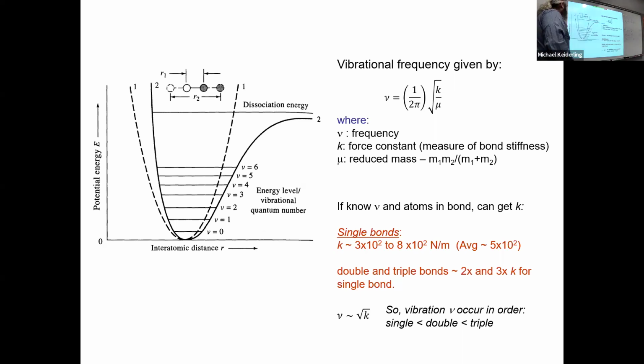So if you know the frequency and the atoms in the bond, you can derive k, the strength of that bond, as a spring. Single bonds tend to have k values from around 3 × 10² to 8 × 10² newtons per meter. The average is around 5 times 10². And double and triple bonds are 2 and 3 times as stiff.